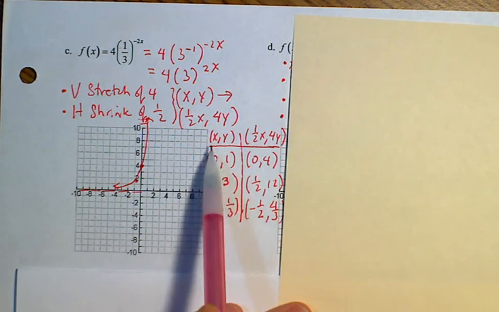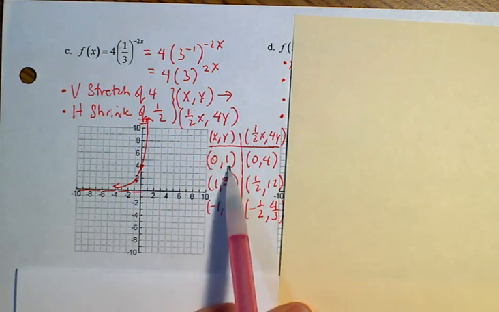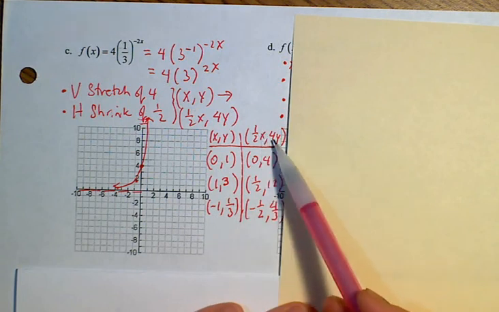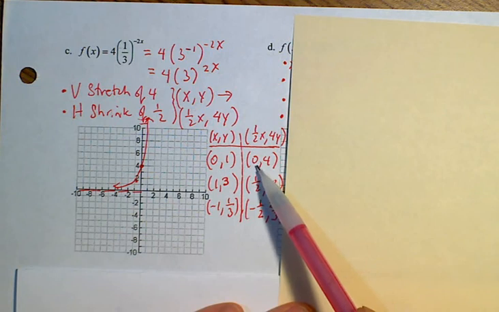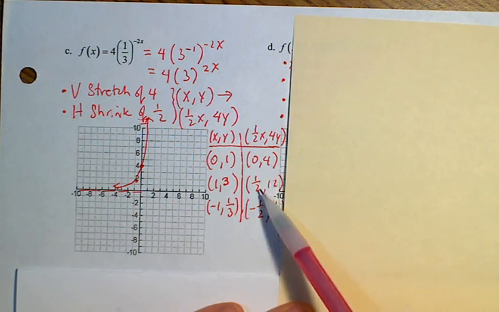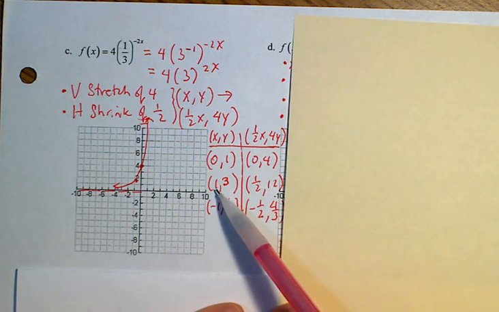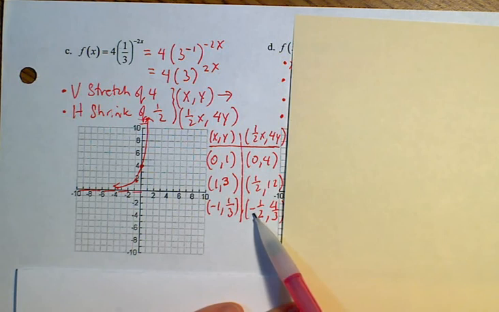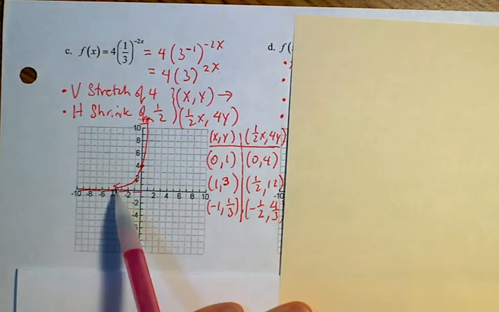Okay, so I make out my truth table. So (x, y) is (0, 1), (1, 3), and (-1, 1/3). And then I apply 1/2 x and 4y, so it'll become (0, 4), (1/2, 12). Right, so to all the x's I'm multiplying by a half, and to all the y's I'm multiplying by 4. And then my last point is (-1/2, 4/3).